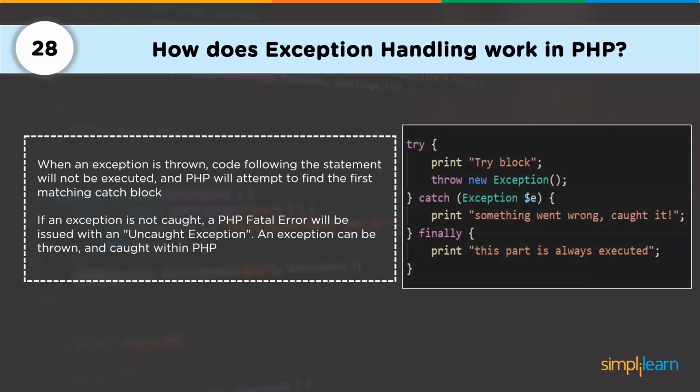So we use the try and catch method to try the code, and if an exception occurs, we can throw it, and the catch block will catch the exception. And if we do not include the catch block, it will result in a fatal error.